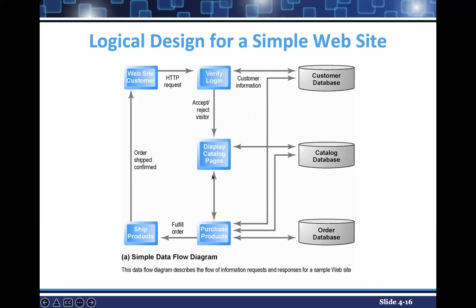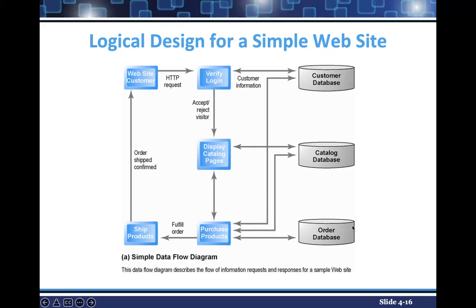And then the customer will make a decision if they would like to purchase a product from us. The order database will save the data that the customer purchased the product from us.